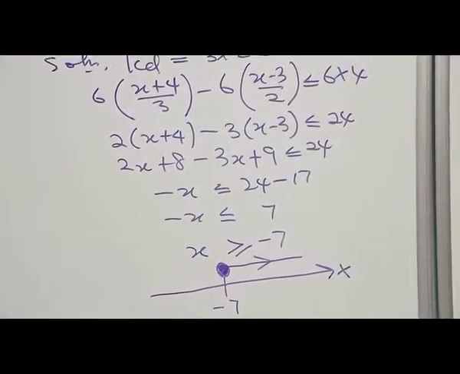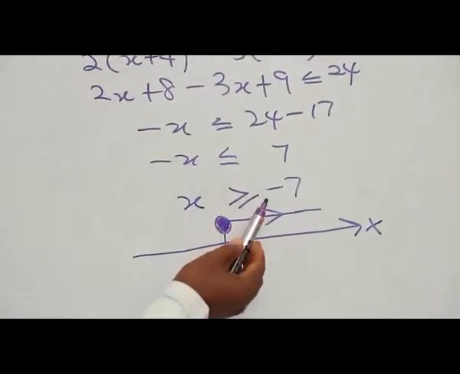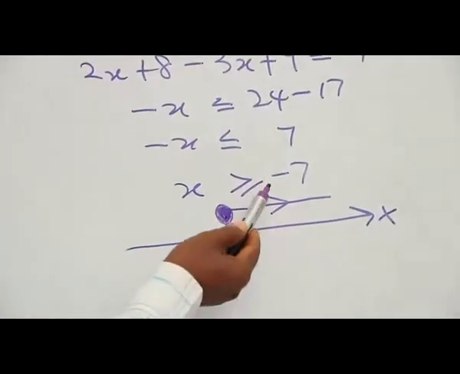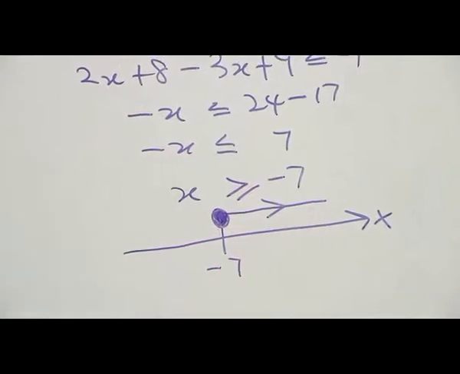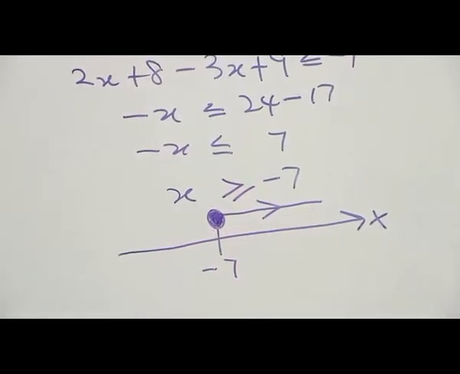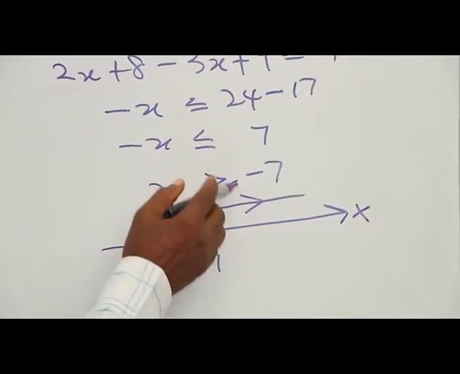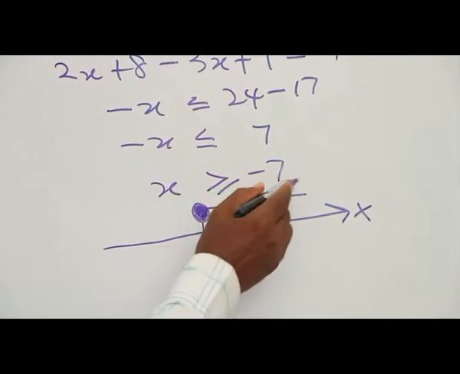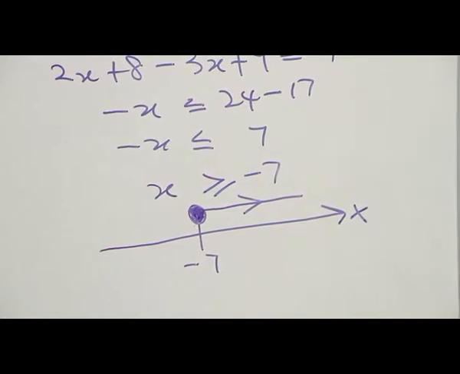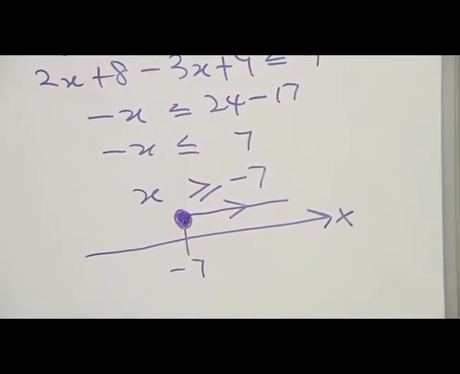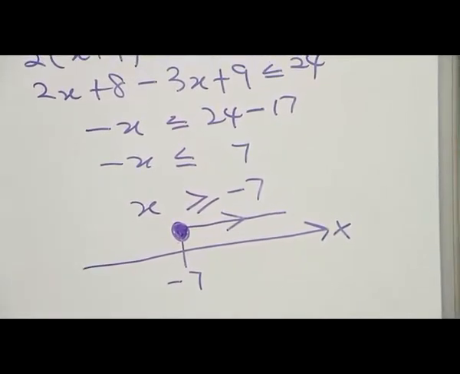So if you are looking for the least value here, you start from minus 7 and it goes like that. Minus 7, minus 6, minus 5, and so on and so forth. So minus 7 there is the least value in this case.